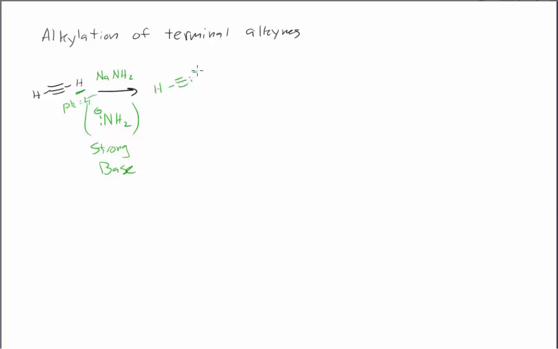Then we get an acetylide anion, and we made NH3. The pKa here is about 35, so we have a 10 pK difference, which means that this side is favored at equilibrium. And now we have an acetylide anion that we can use in basically an SN2 fashion.